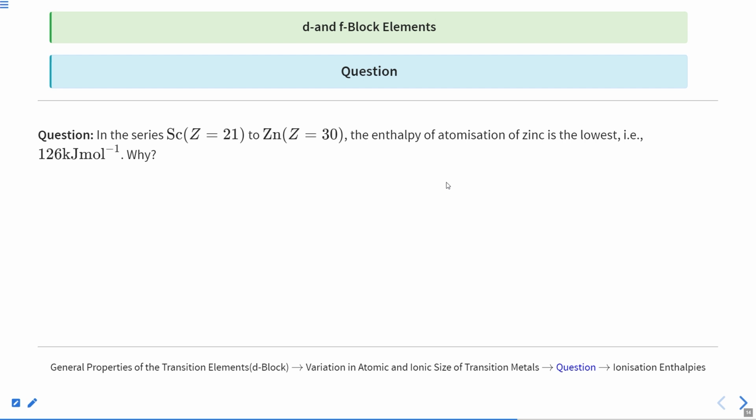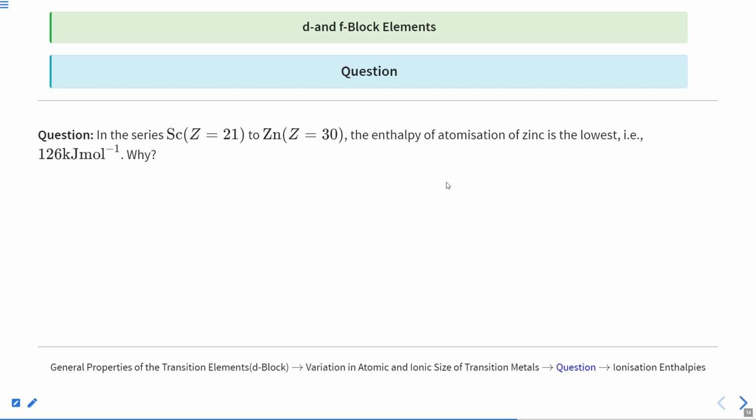Next question. In the series scandium to zinc, the enthalpy of atomization of zinc is the lowest. Why is it so? If you look at the electronic configuration of zinc, it is 4s2 3d10.